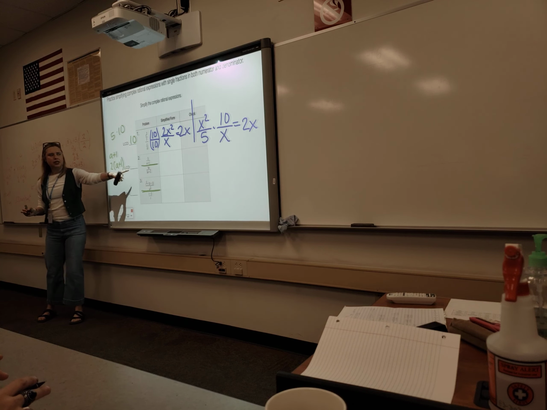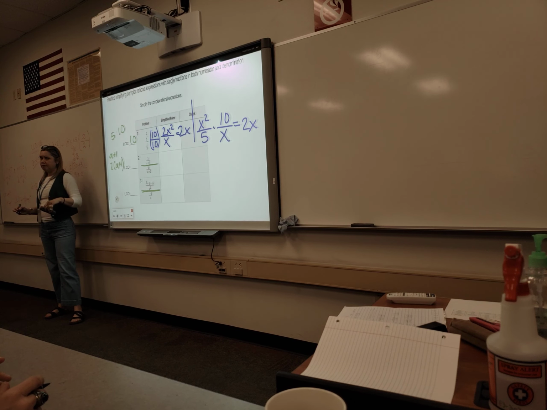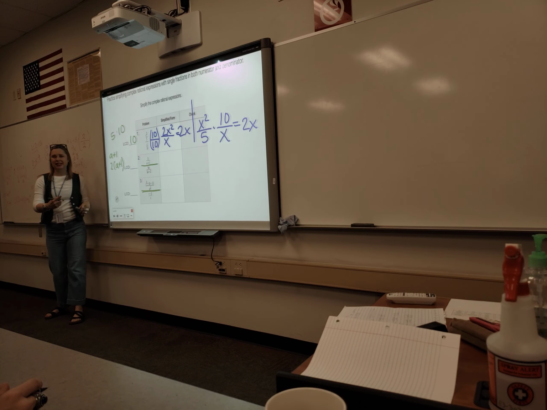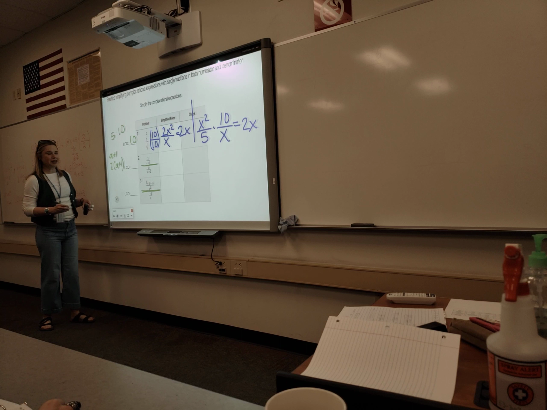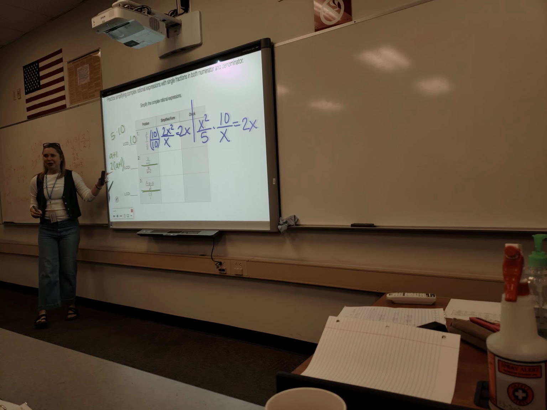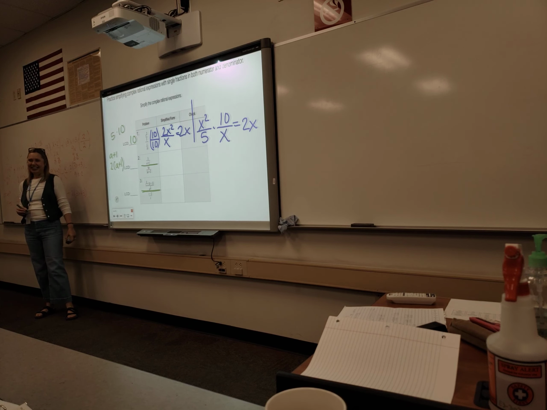So my LCD for this whole shebang, anybody? Is it 2 or is it a plus 1? Or is it both? Just one of them? Yeah. It's actually both. It is both.